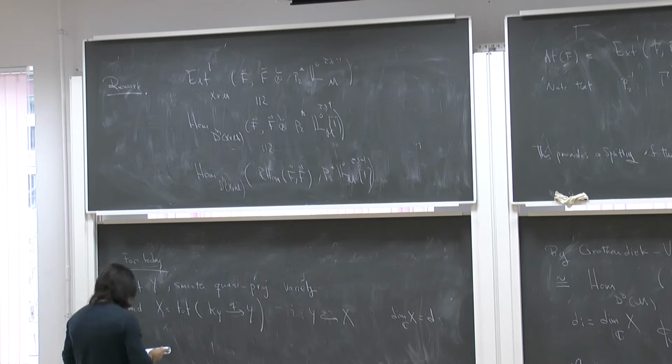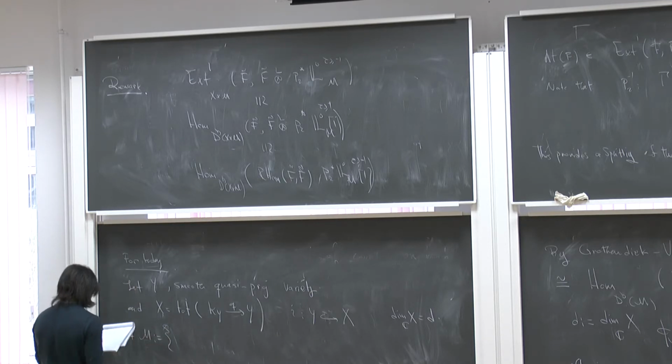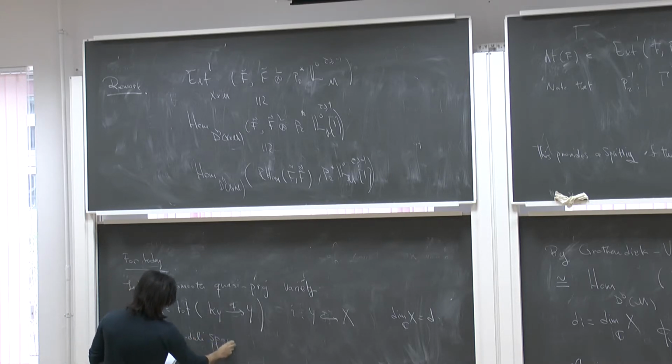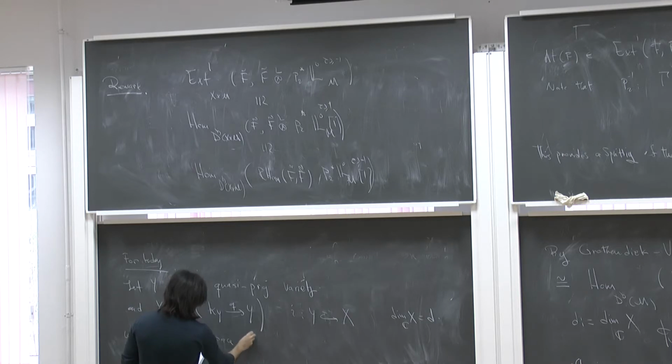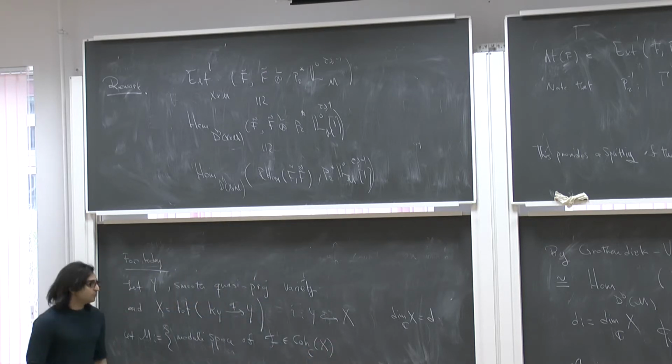Okay. Now let us assume that M is the moduli space of stable compactly supported sheaves on X. So what does that mean?